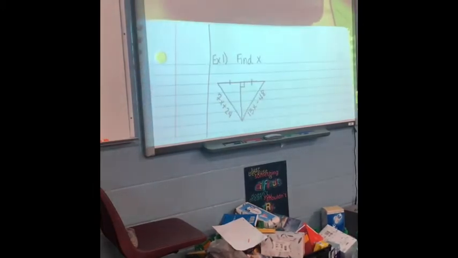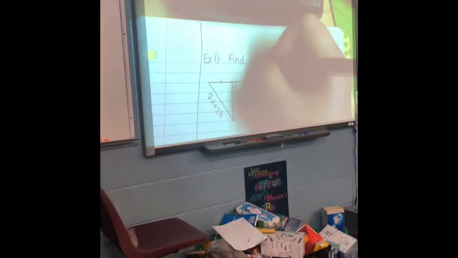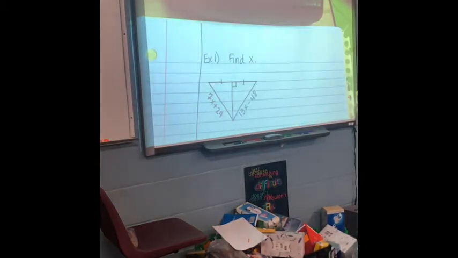All right, so we'll look at example 1 here first. It says find X, and they give us this picture of the triangle with a perpendicular bisector.